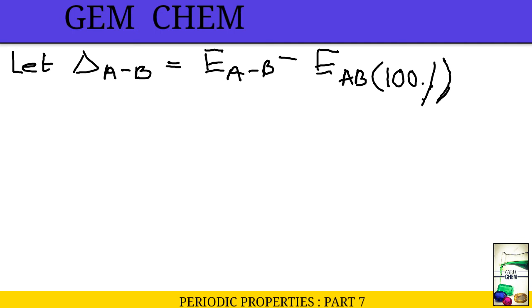Now what is delta AB? Delta AB actually represents the extra stability of bond AB with respect to that of the 100% covalent AB due to bond polarity.